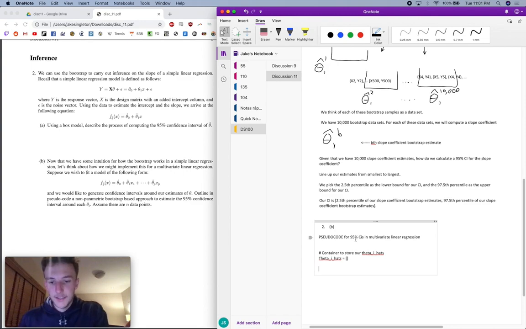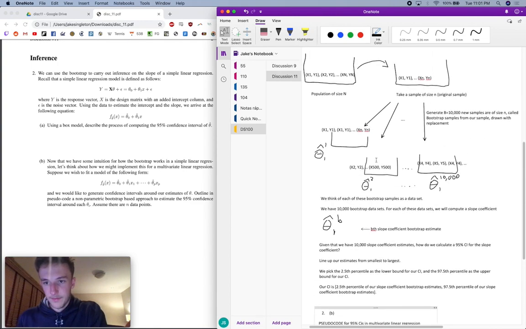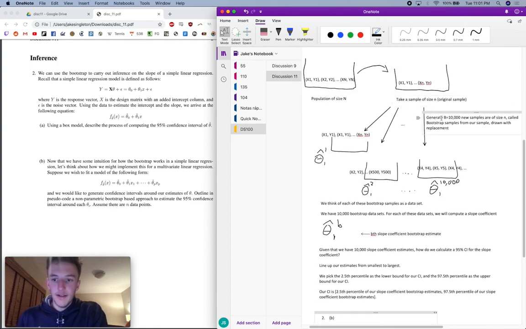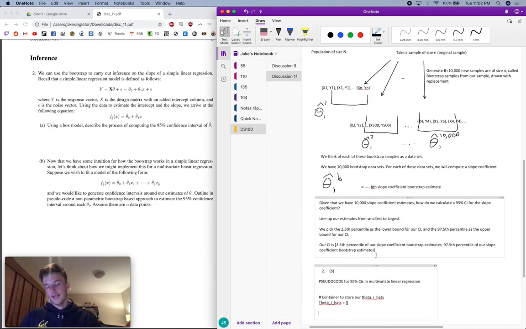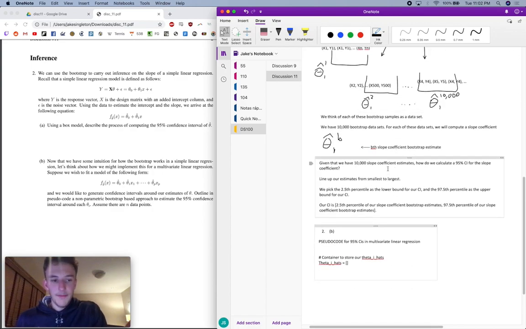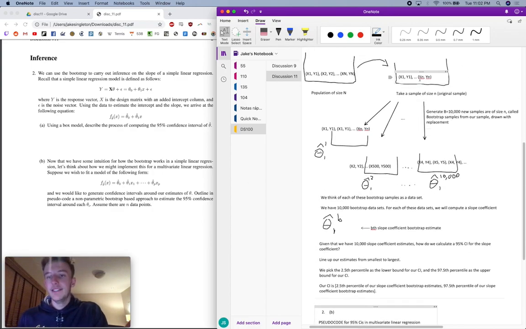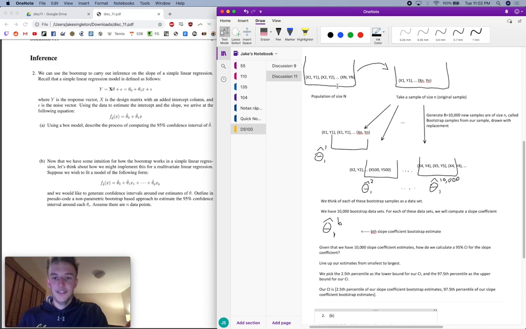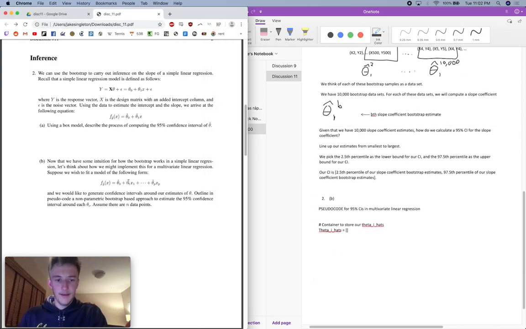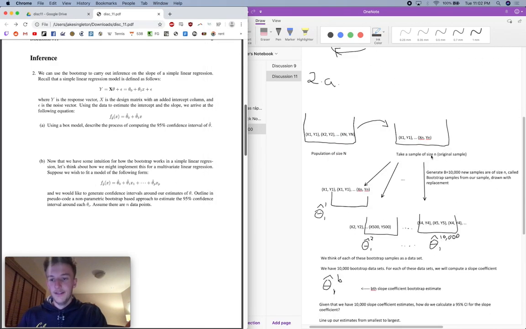And remember, the next idea from above is we need to generate, for example, b equals 10,000 new samples of size n. And I maybe should have said this earlier, but we are imagining that the data set we're given is our sample, right? We're not imagining that the data set we have is the population. Remember, we basically never have access to the entire population of information. So this data set used to generate this model is this original sample.